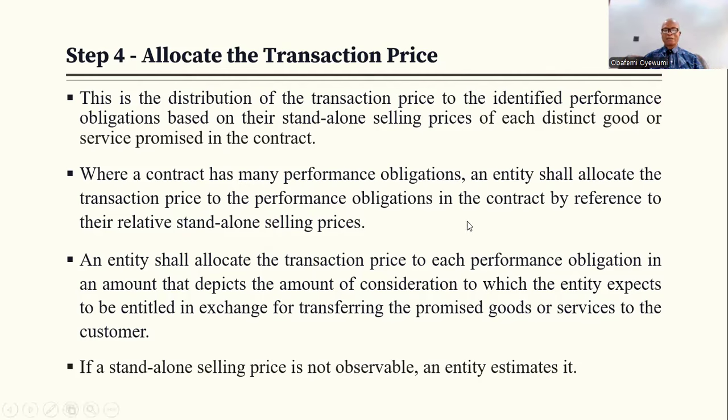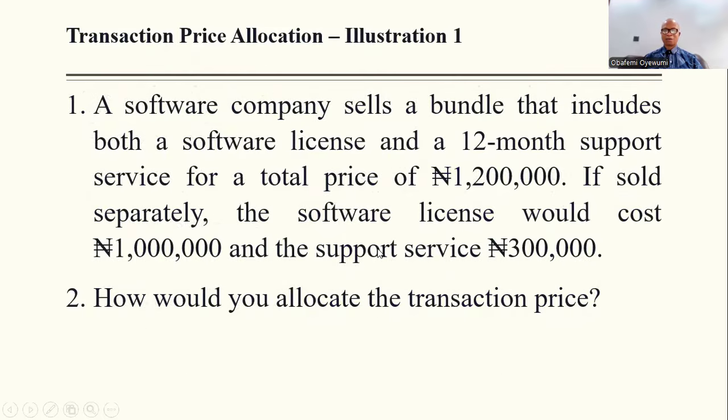So an entity shall allocate the transaction price to each performance obligation in an amount that depicts the amount of consideration to which the entity expects to be entitled in exchange for transferring the promised goods or services to the customer. Okay, let's look at this exercise.